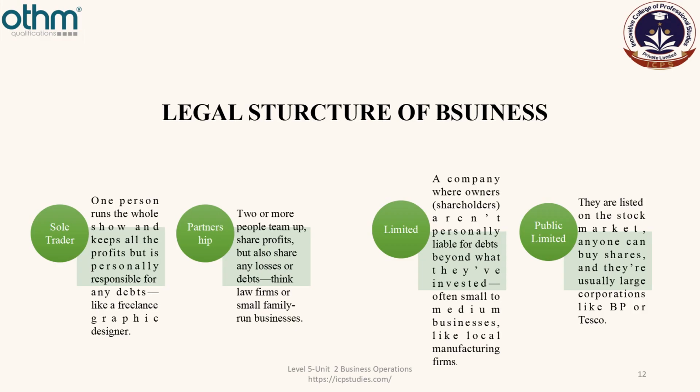This is basically a company where the owners or shareholders are not personally liable for any debts or losses beyond what they have invested. If there is any loss in the company, they are only liable for the amount that they have invested, not more than that. It is often small to medium businesses, for example, local manufacturing firms.